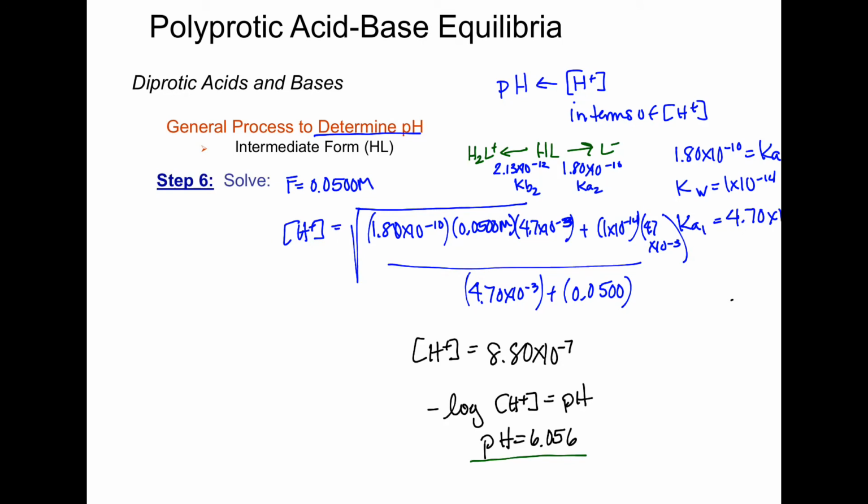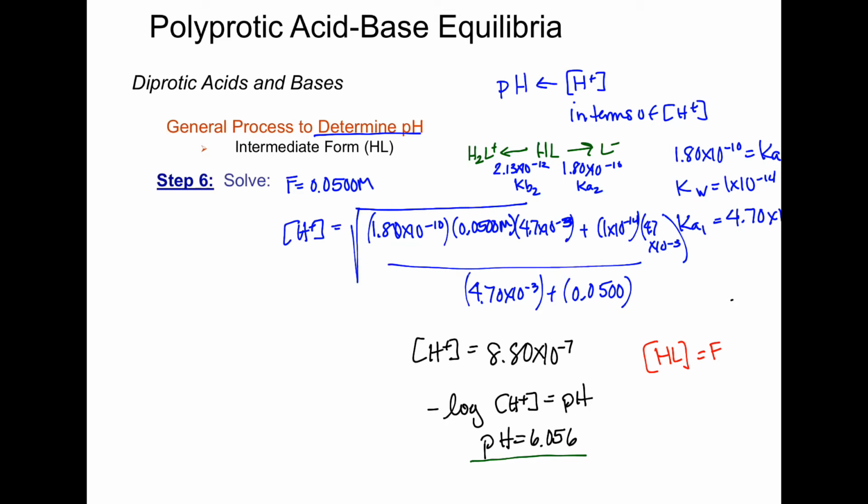Now, we should go back and just validate the assumptions that we started with in this problem. One of the things that we assumed was that the initial concentration would be roughly the monoprotonated leucine, HL.